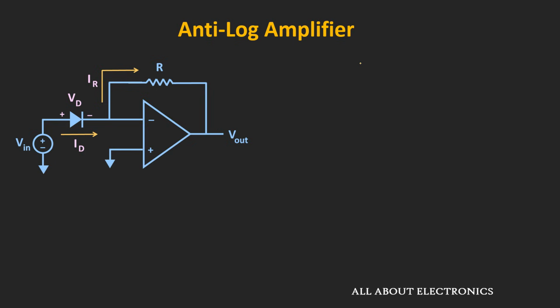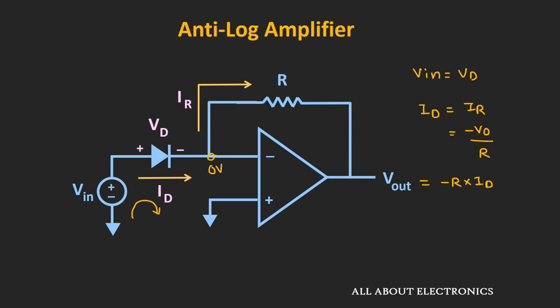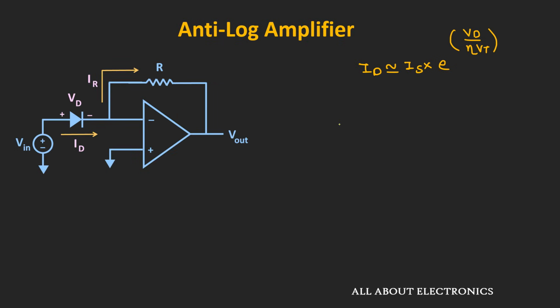Now we know that the diode current ID can be approximately given as Is times e to the power of Vd divided by eta Vt, and earlier as we have seen, the output voltage Vout will be equal to minus R times this diode current. So Vout will be equal to minus R times ID, that is equal to minus R times Is into e to the power of Vd divided by eta Vt.